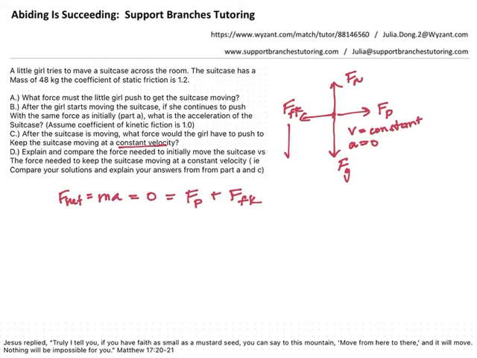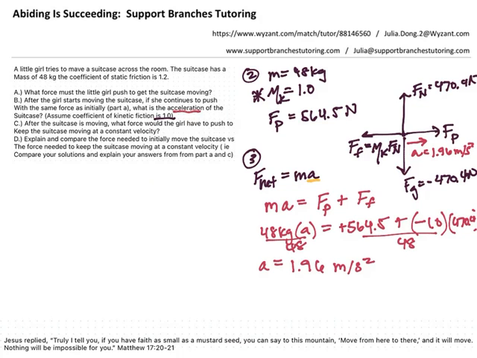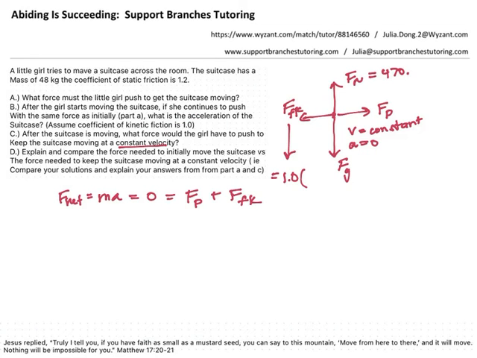Okay, and our kinetic friction here would be very similar to what we had before. We've got the coefficient of kinetic friction times the normal force, and our normal force was 470.4. So we've got 1 times 470.4, which would just be 470.4 newtons. And again, this is in the negative direction because it's pointing to the left.